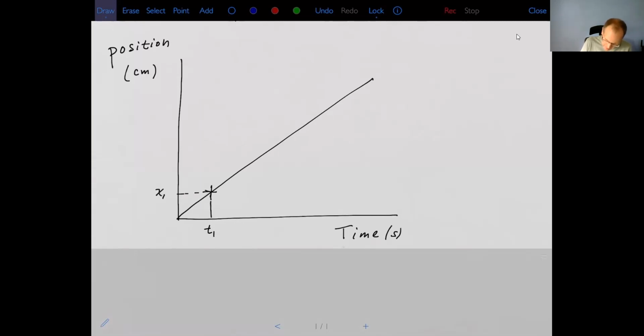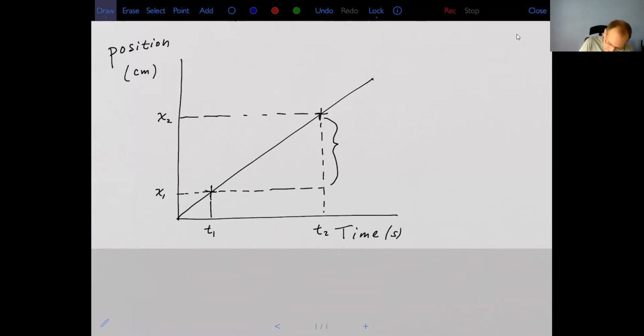So that time corresponds to that position. And then say over here, this would be T2, which corresponds to X2, okay? And now if I compute the slope, well, the slope is gonna be the rise, which in this case is the change in the position, right?